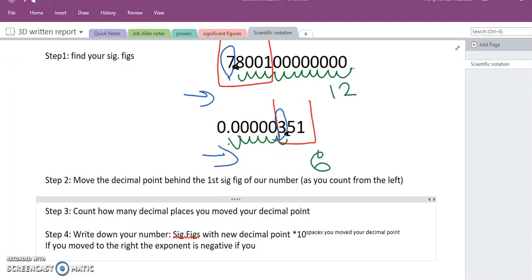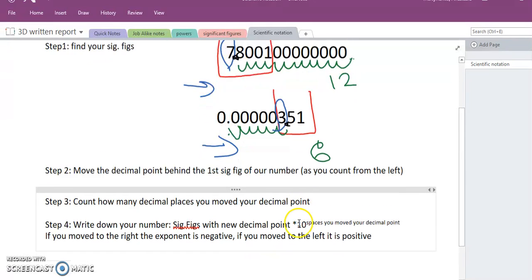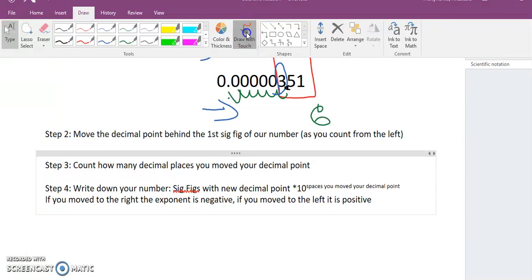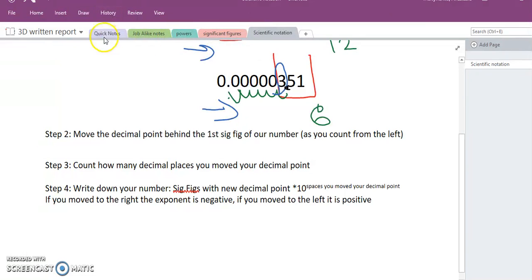If you move to the left, it is positive. So how does this look? Very, very straightforward.